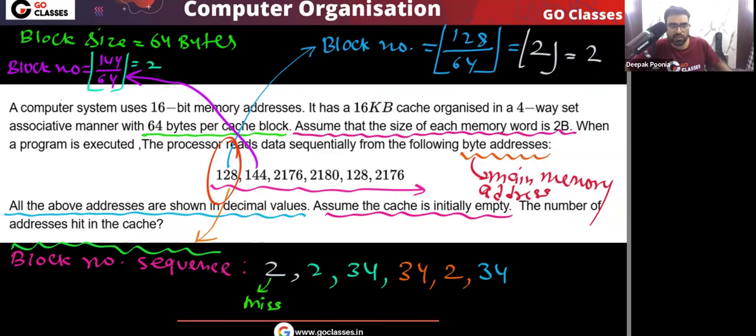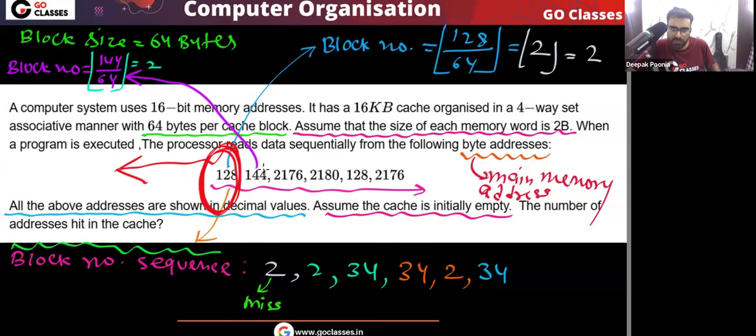When the CPU generates this address, there will be a miss, because initially the cache memory is empty. But from the main memory, we will fetch the complete block to which this address belongs. This address belongs to block number 2, so we will fetch the complete block number 2.